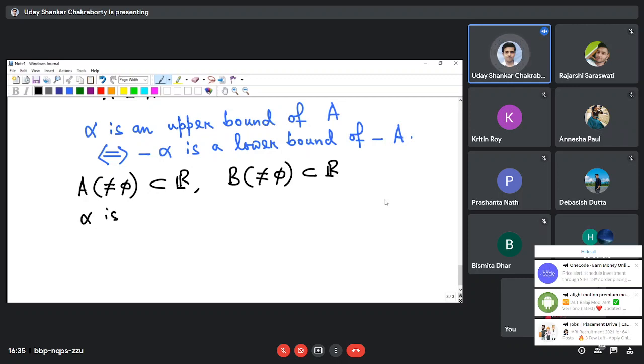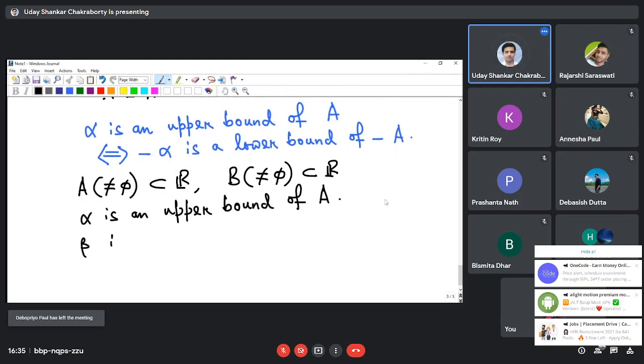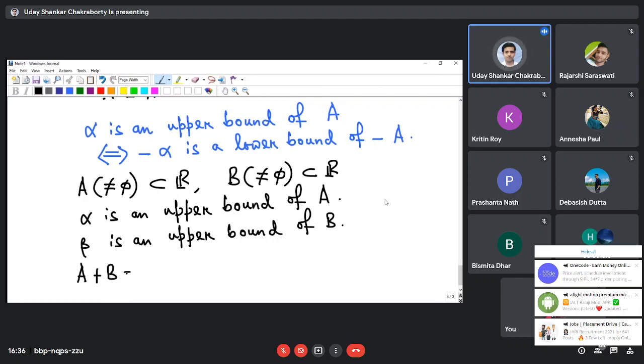So alpha is an upper bound of A, beta is an upper bound of B. Now, what happens to the set A plus B?